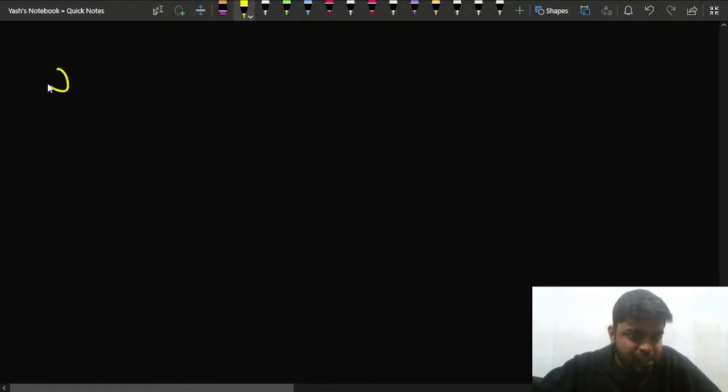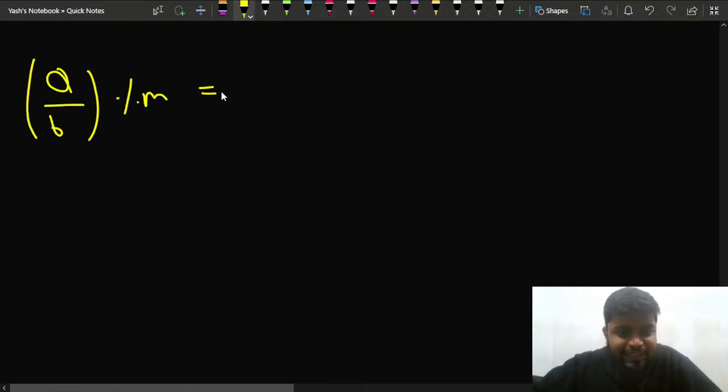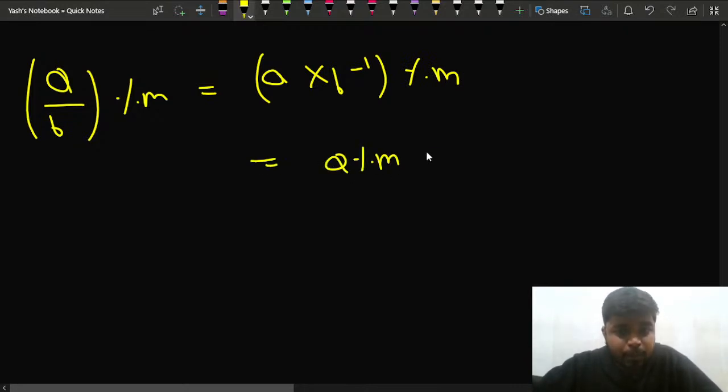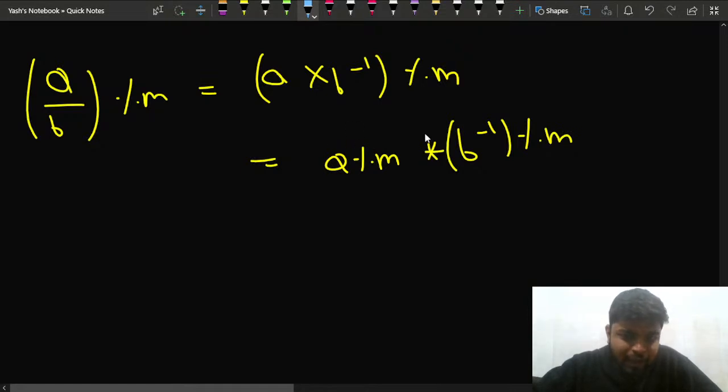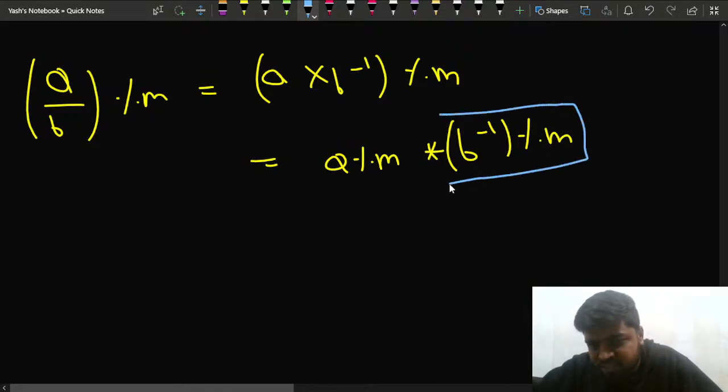I said if you have a divided by b modulo m, you write it as a into b to the power minus 1 modulo m, and then you do a mod m into b to the power minus 1 modulo m. Now you will be able to calculate this particular expression, but what about this expression? That is what I'm going to tell you.